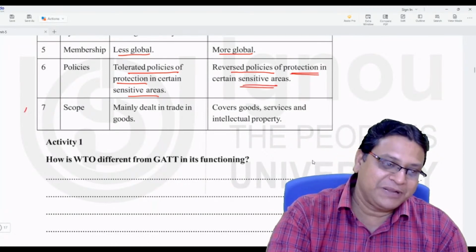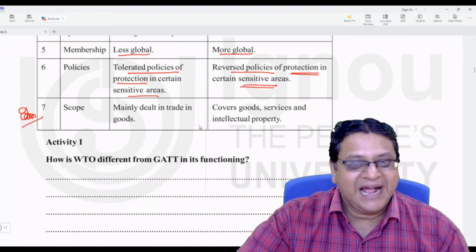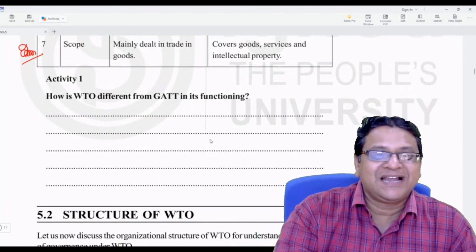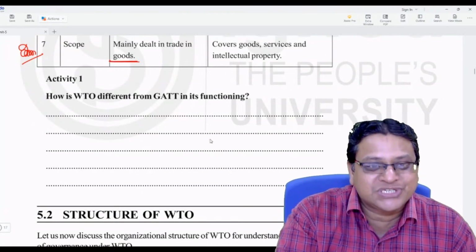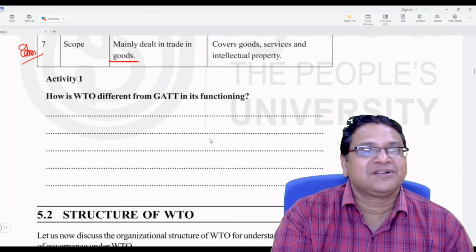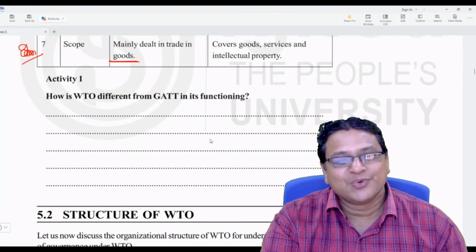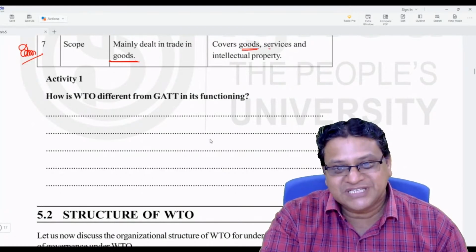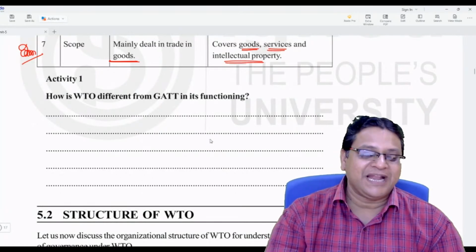The main point of difference between GATT and WTO is this: GATT frames rules and regulations for international trade of goods only. GATT में सिर्फ goods का रूल्स रेगुलेशन है इंटरनेशनल ट्रेड का, but WTO consists of the rules and regulations for international trade of goods, services and IPR, or intellectual property rights.